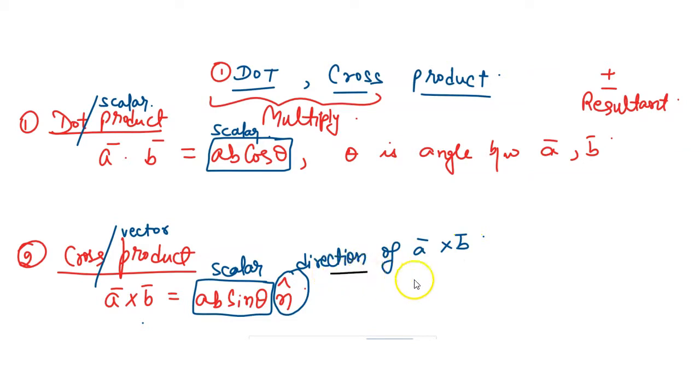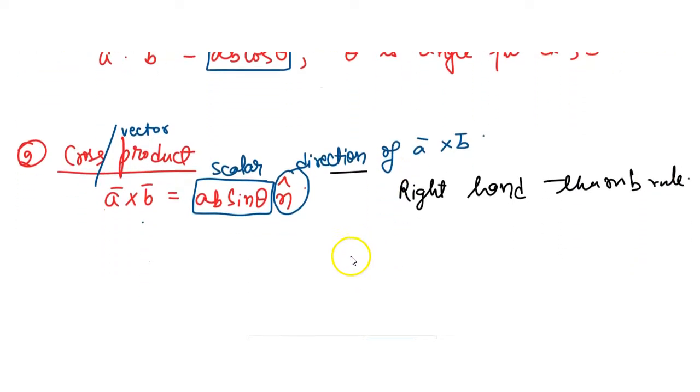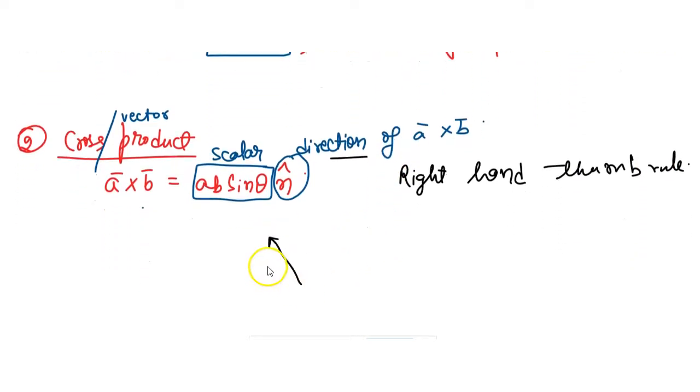How to get the direction? We use the right hand thumb rule. How do we use it? Let us say we have this as b vector and this as a vector. To get the direction, I use my right hand and curl the fingers starting from a vector towards this b vector, and we see that the thumb is pointing out of the screen.